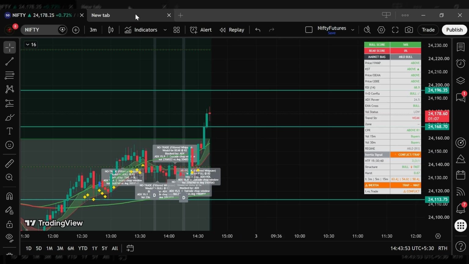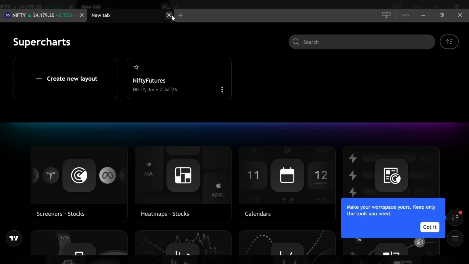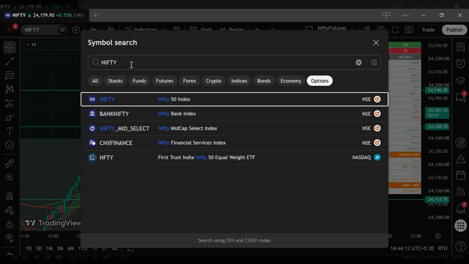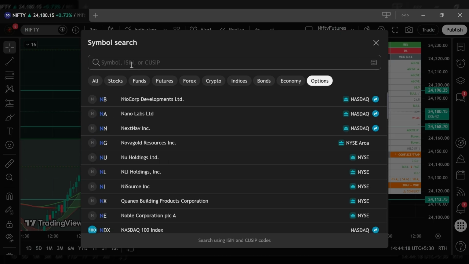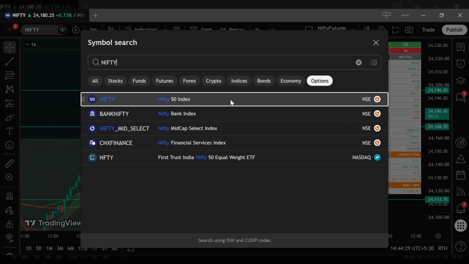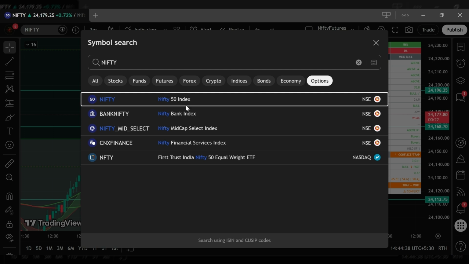Let me try showing you how the price movement happened for the day. Let's look at the options of Nifty 24,154.